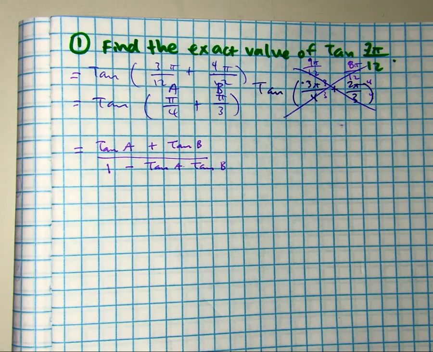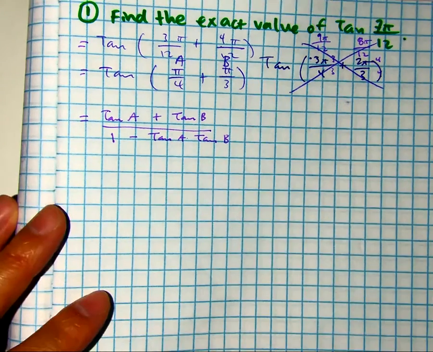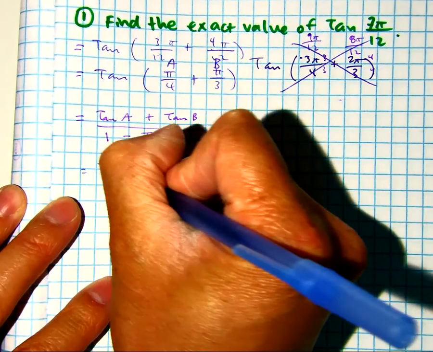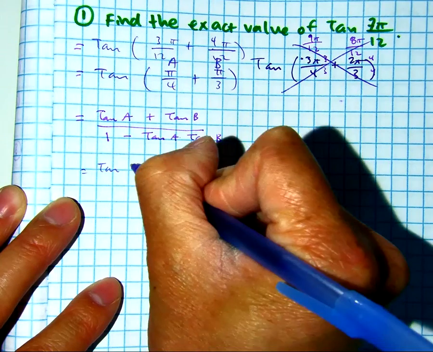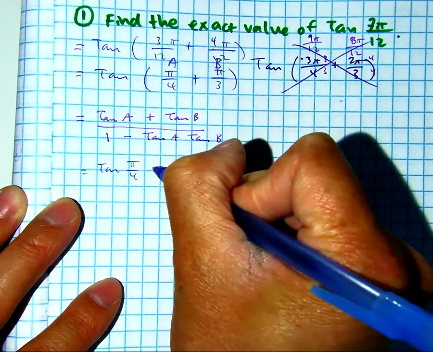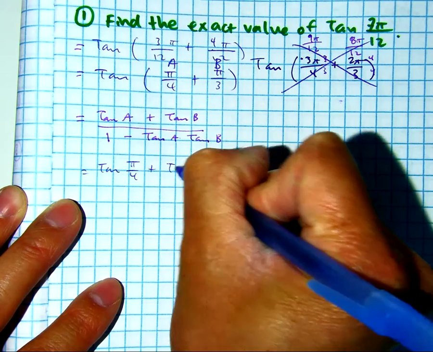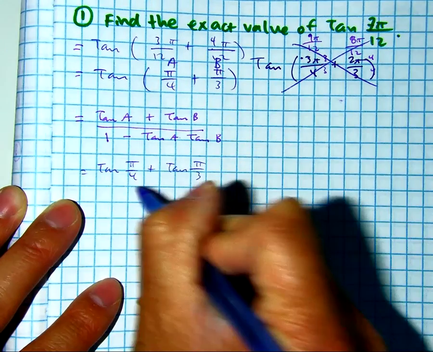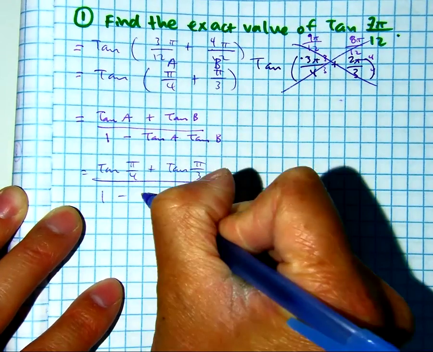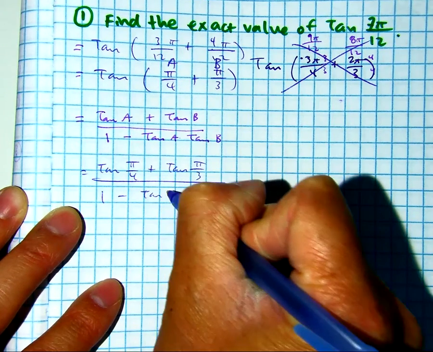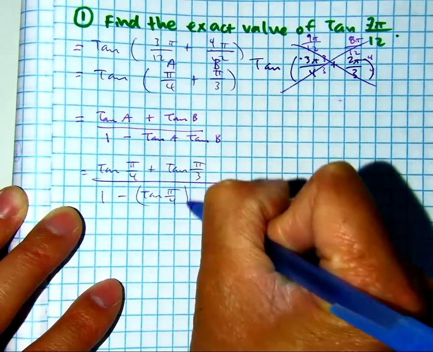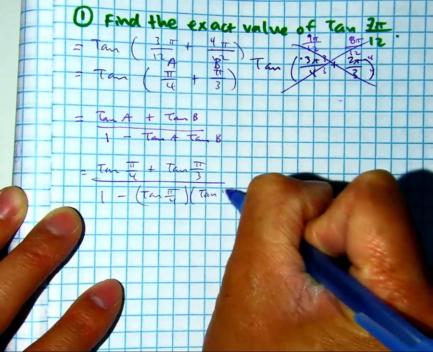Melissa, go ahead and do a substitution. Equals 10 pi over 4 plus 9 pi over 3 all over 1 minus 10 pi over 4 minus 10 pi over 3.